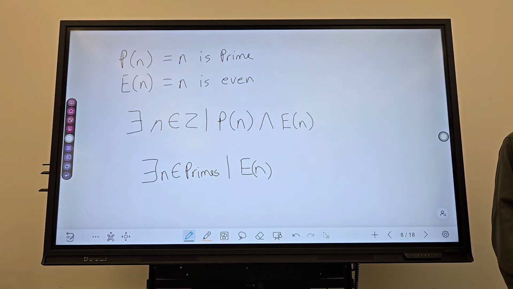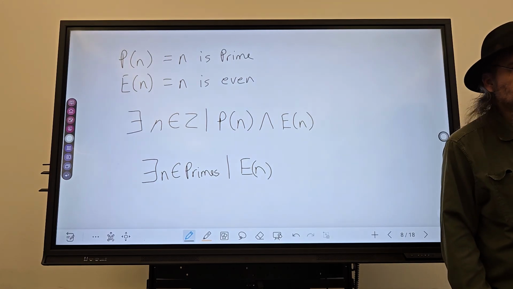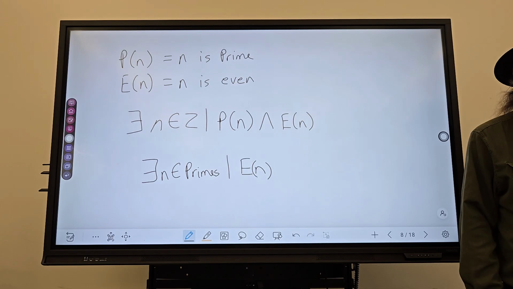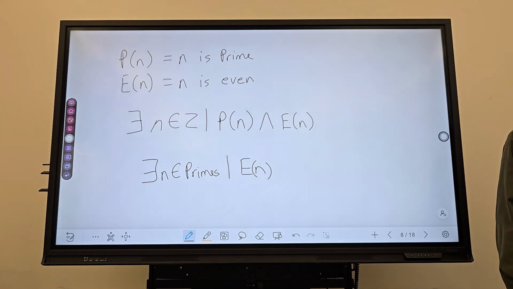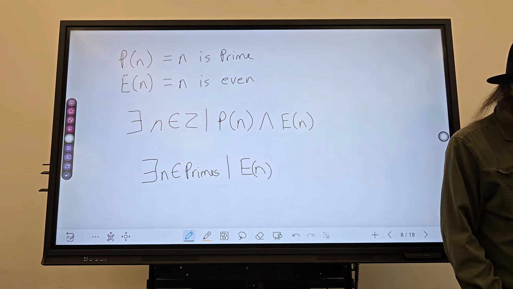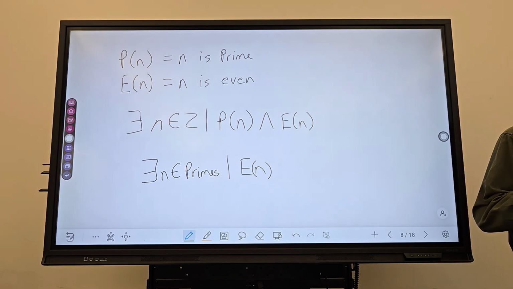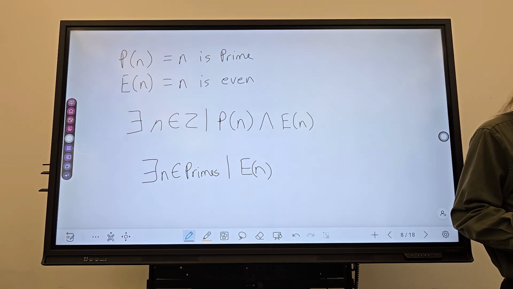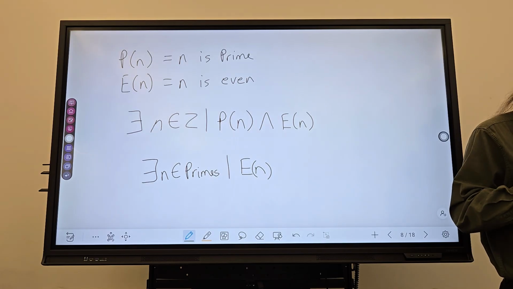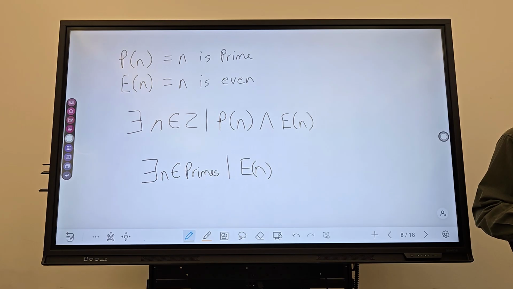Scope is very important in computer programming. It is where a variable has meaning. Consider the following two statements. For every integer x, x squared is greater than or equal to 0. And the second statement, there exists a real number x such that x cubed equals 8.